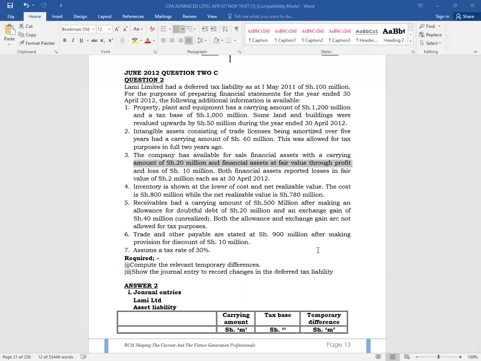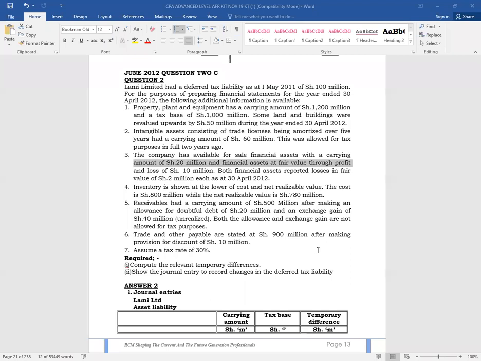So the first thing that I need to appreciate here, which is a low-hanging fruit, is to look at the carrying amount of the trade payable. The carrying amount of this trade payable is 900.